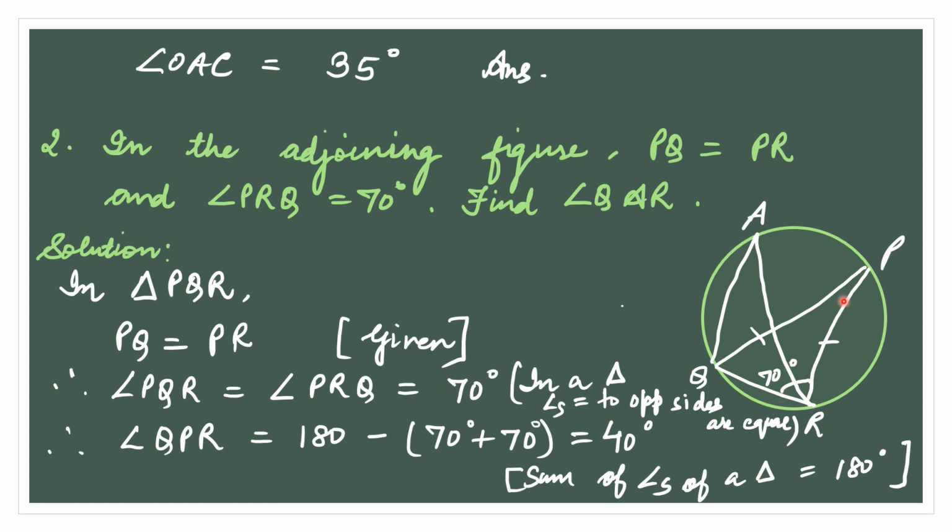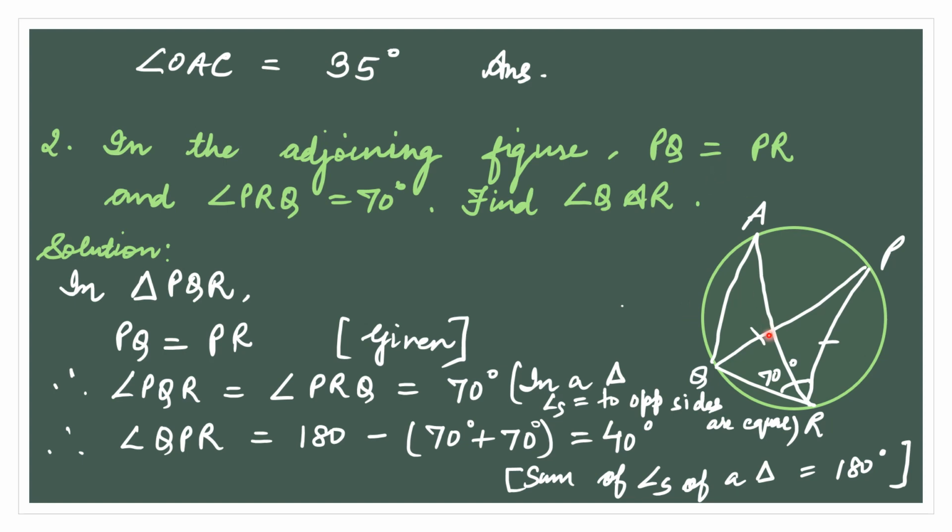In the adjoining figure, PQ is equal to PR, and PRQ is 70 degree. Find QAR. You can see, children, that QPR and QAR are forming angles at the same circumference, that means the same segment.